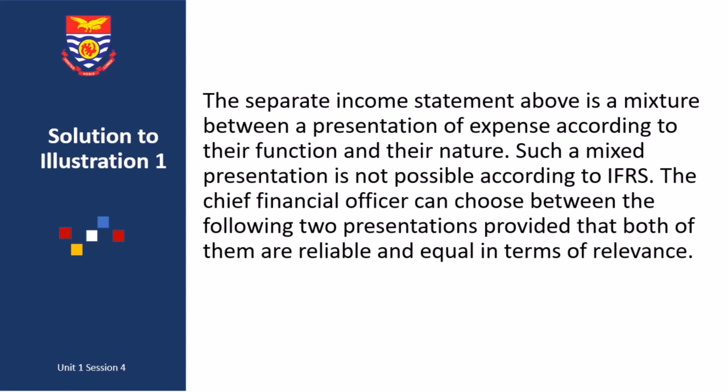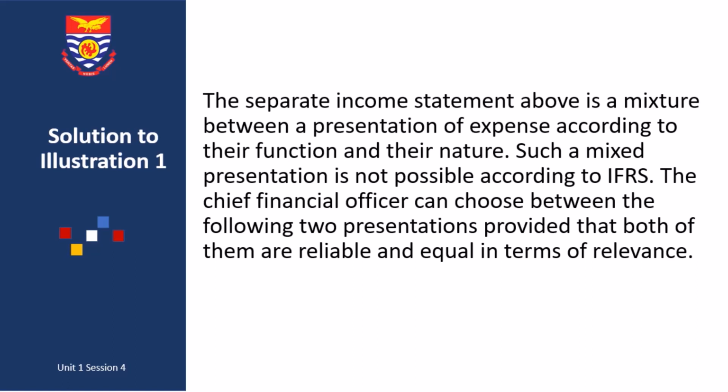So under each of them we have raw materials and consumables. With the raw materials and consumables, we have 18,000 going for cost of sales, 1,000 administrative expenses, then 1,000 distributive expenses. Now when you sum all these raw materials together, the total you'll be getting is 20,000.